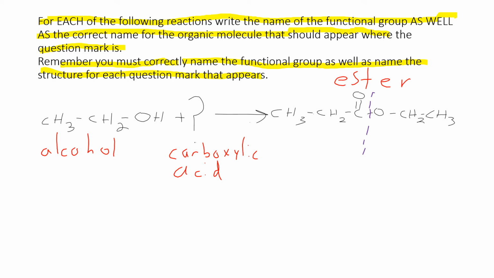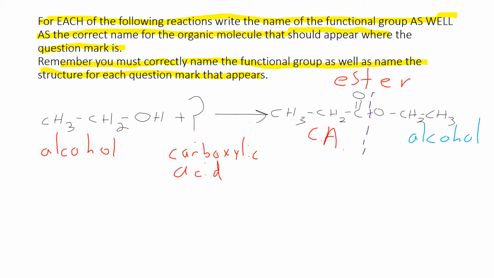The part on the right-hand side that has the oxygen in it, remember that originally came from the alcohol. That's the alcohol side of the molecule. The part with the C double bond O, remember that is what came from the carboxylic acid.